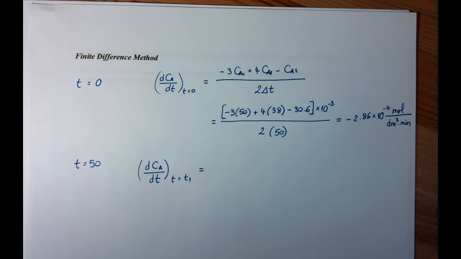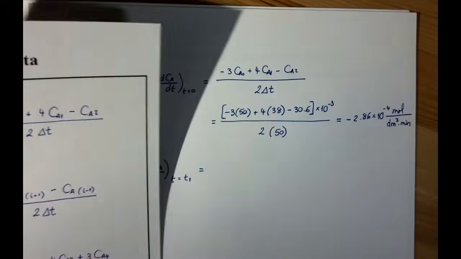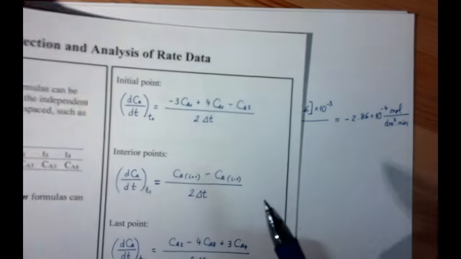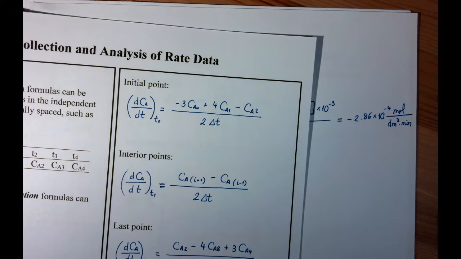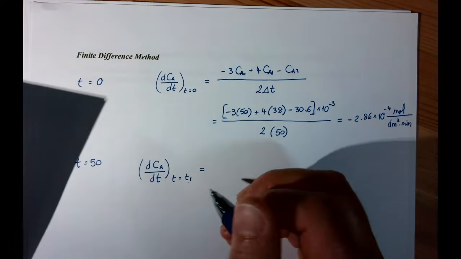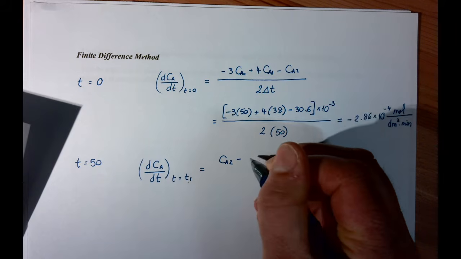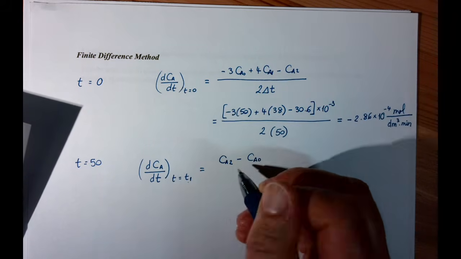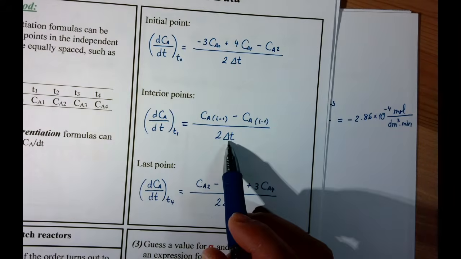The equation for intermediate points is, if I'm at point 1, I take the concentration at the next time minus the concentration at the time before. So in this case, I take CA2 minus CA0, divided by 2 times delta t.